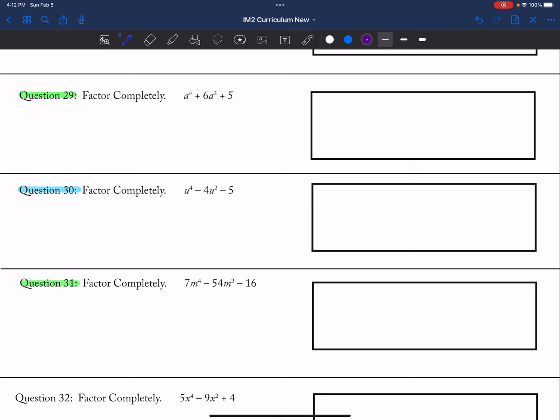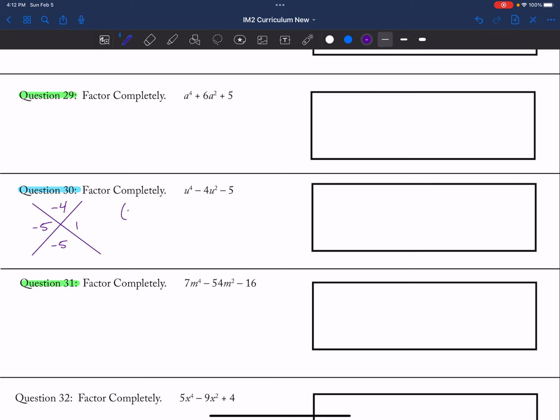30. So this factors like that diamond method. So draw my x, put a -4 there. And then a -5. So that's a -5 and a +1.